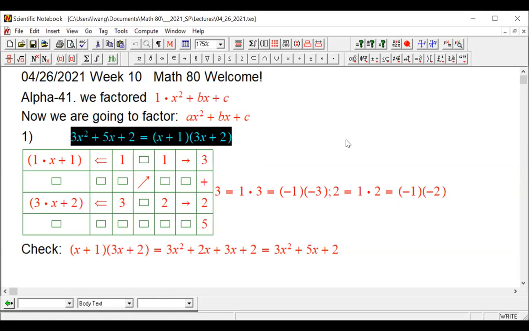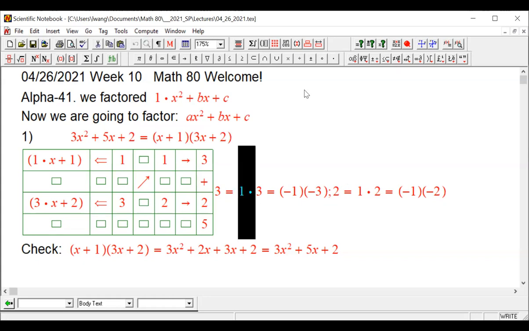Are you ready to try something? Since we checked, it worked for 1 times 3 for the leading coefficient, and 1 times 2 for the constant. The first time we checked, it worked.